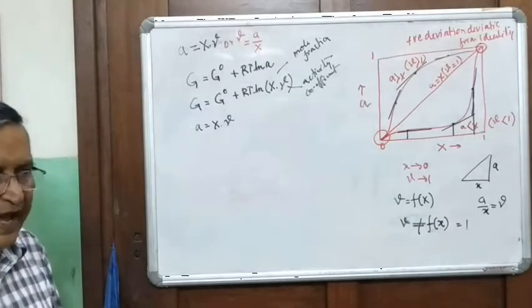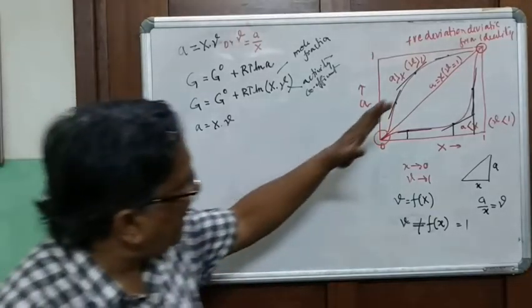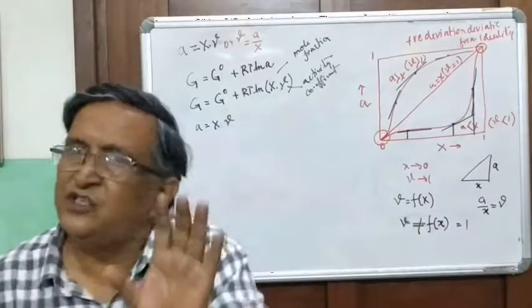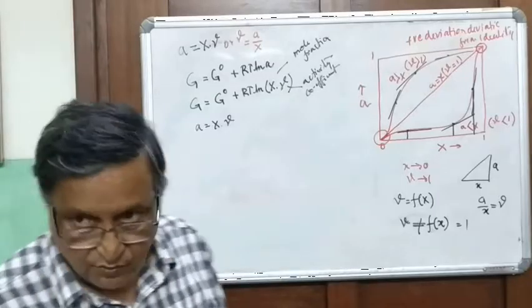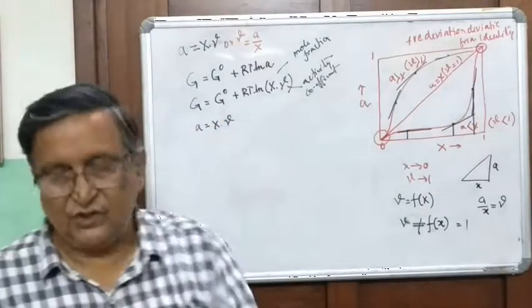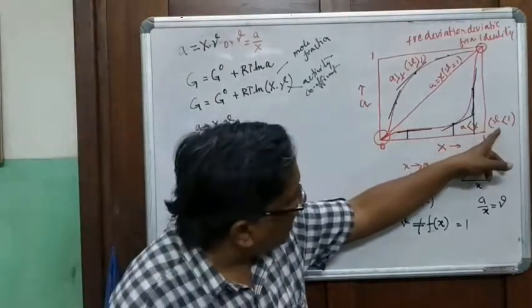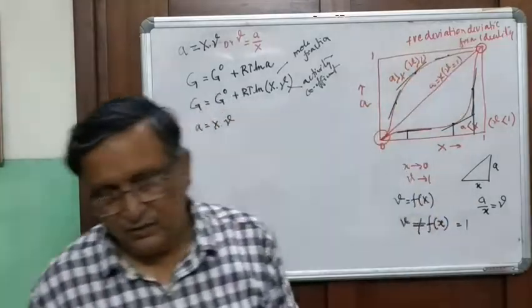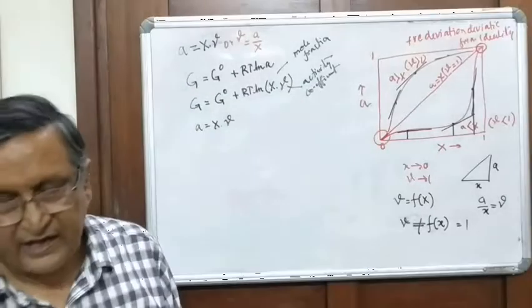So this is where I will stop today, saying that you have ideal solution where gamma is equal to 1, gamma is not a function of X. And non-ideal solution is where gamma is a function of X. That is the difference. And gamma is less than 1 on one side and more than 1 on the other side of the A equal to X diagram, which is a non-ideal solution.